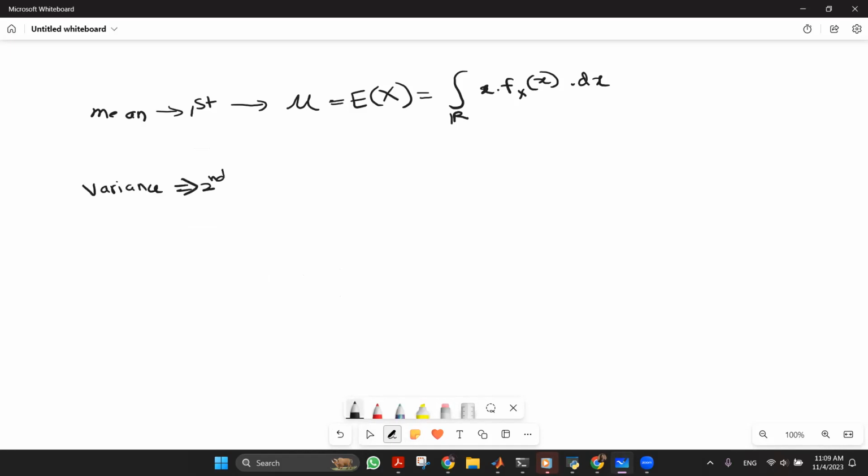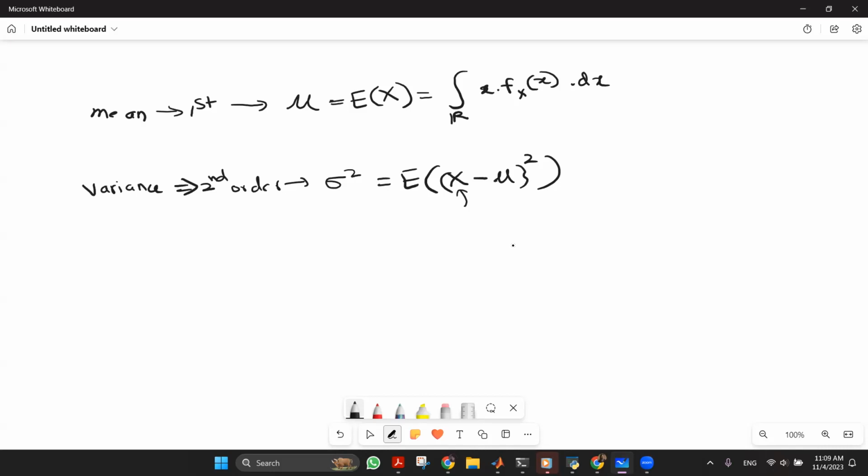Variance is a second order statistic. So variance I can write as sigma squared, and I can also write as E inside brackets (capital X minus mu) squared. So it gives me, with respect to the mean, how the random variable X is varying and how its squared value is varying actually.